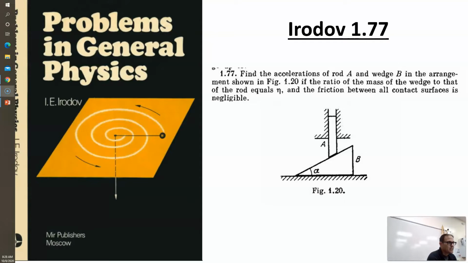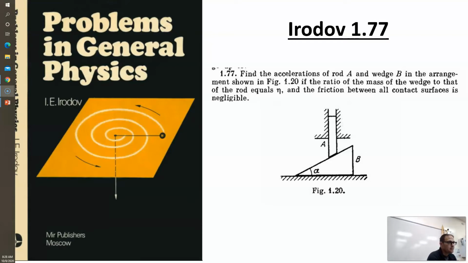The implication is that the wedge moves only rightward, along the x-axis, while the rod moves only down along the y-axis.